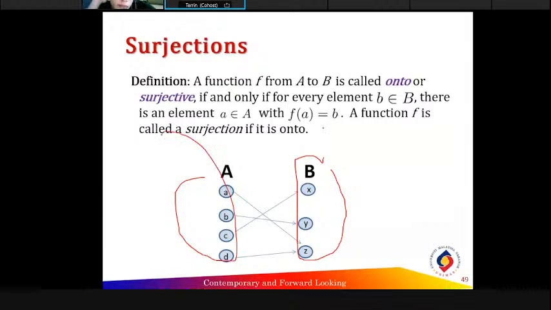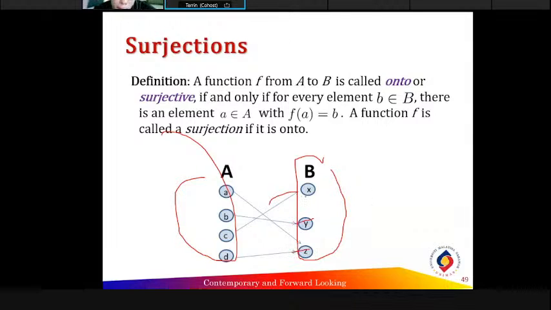So a function f is called a surjection if it is onto, or surjective, right? So what does that mean? It means that your codomain is the same as your range. So there is no element in B that doesn't have a pre-image, right? Every element in B must be assigned by an element in A.